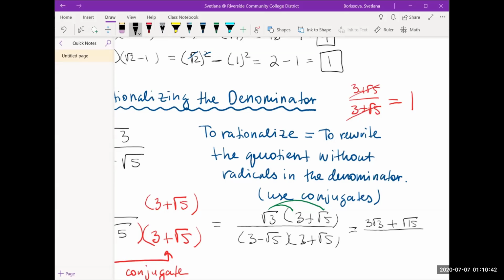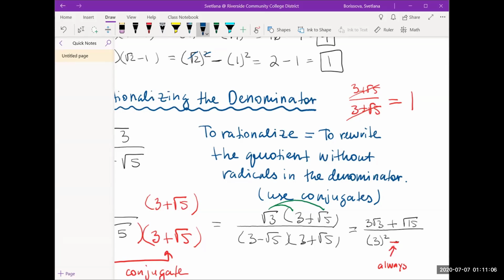And that's the numerator. Now in the denominator, we're multiplying conjugates, and we learned a shortcut. The shortcut is to take the first term and square it, and then subtract. It's always minus here. I'm going to say it a few times because that's a common mistake. Minus the square of the second term.